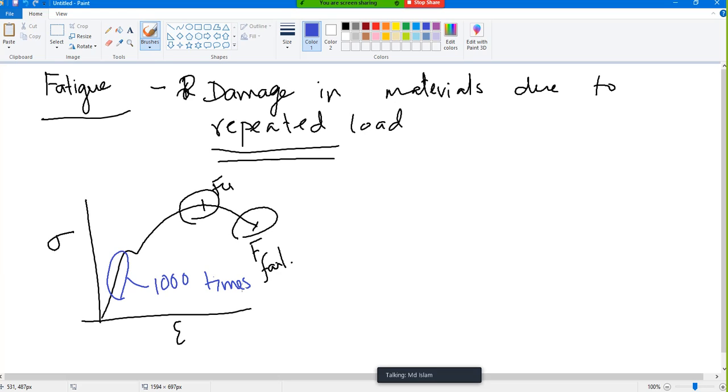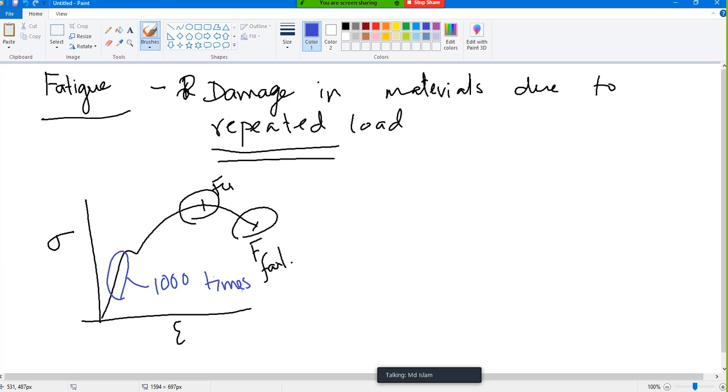Or if I elaborate more in plain language, say I tell you, okay, go home and come back. So you will go to your home and you came back. Very easy. But if I do this thousands of times in a day, then you will die. You will say no, I'm done. So that is called fatigue.